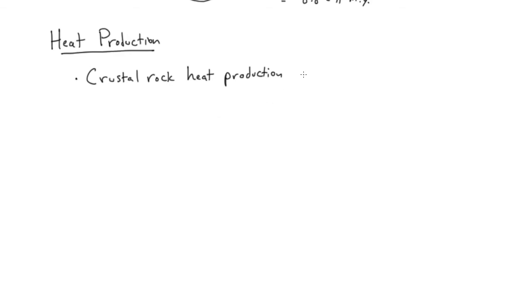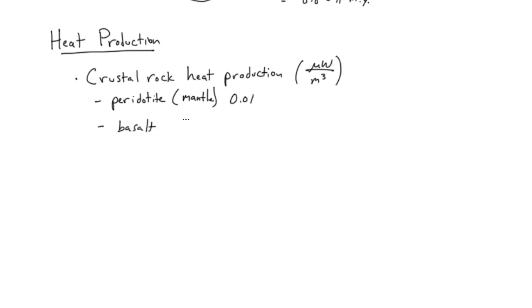And rocks typically generate heat at rates that are measured in microwatts per cubic meter. So the mantle, which is made out of a rock called peridotite, has a heat production of about 0.1.